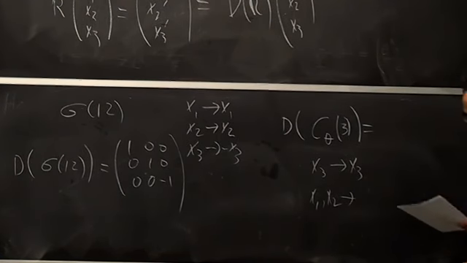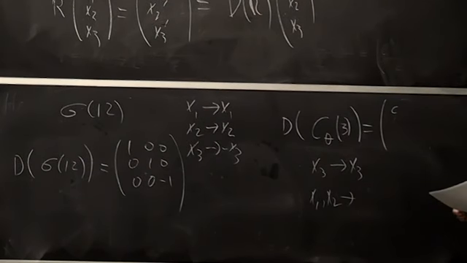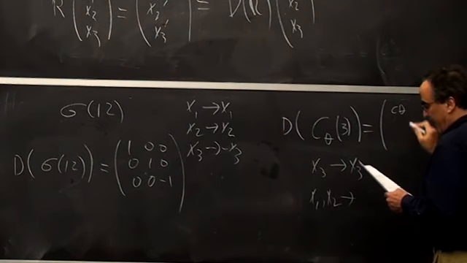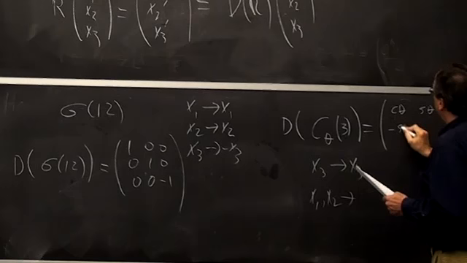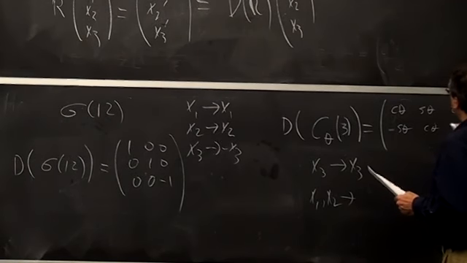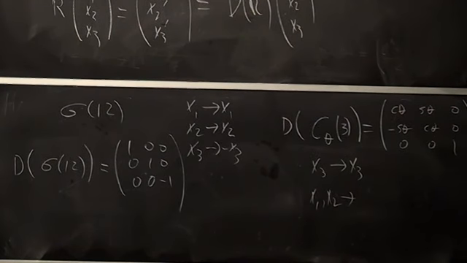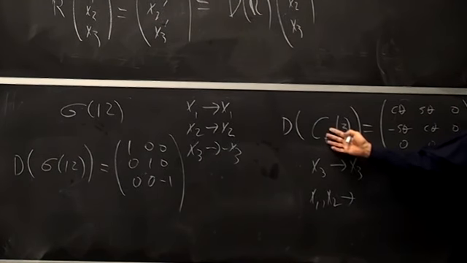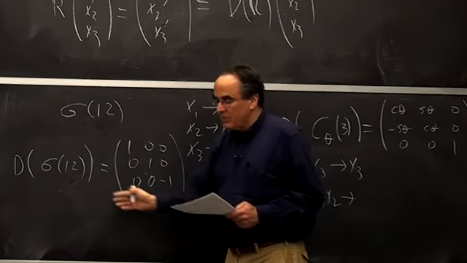And so we can write this as cosine theta, sine theta, 0, minus sine theta, cosine theta, 0, 0, 0, 1. So you can work out what various operations do.